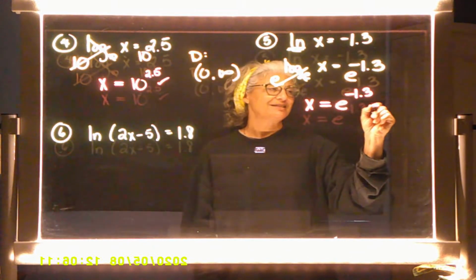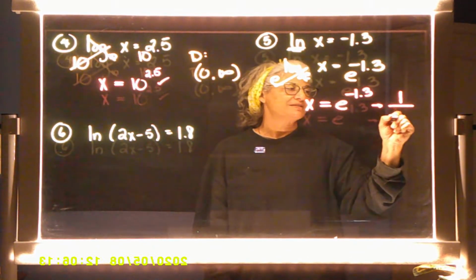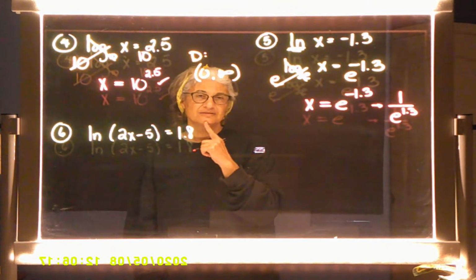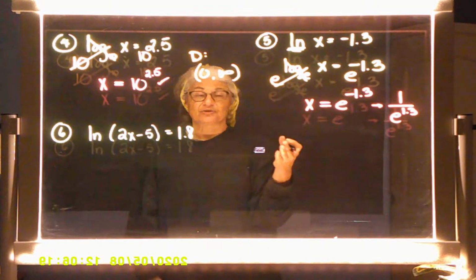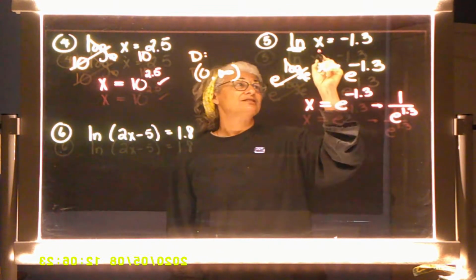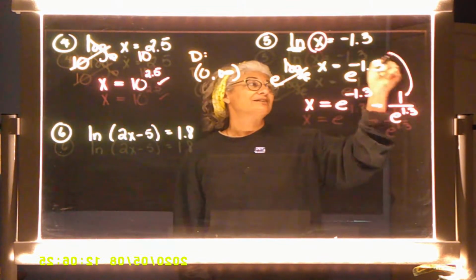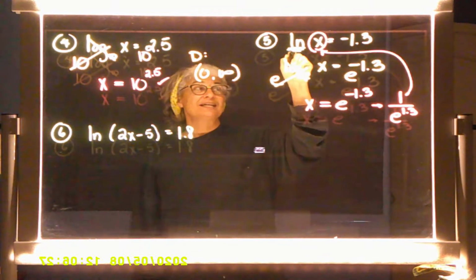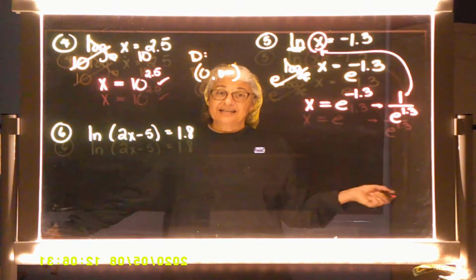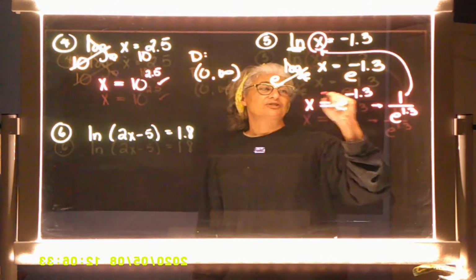Yeah, technically the negative power moves this thing to the denominator. So is that really a negative answer? No, it's a positive answer. It's a fraction, but it's a positive answer. And so when I take this positive answer and I plug it in for x, am I taking the log of a positive answer? And yes, I am. So this answer is also good to go.